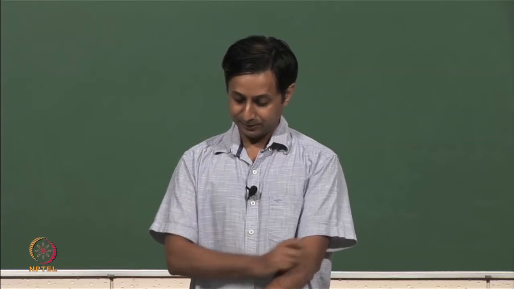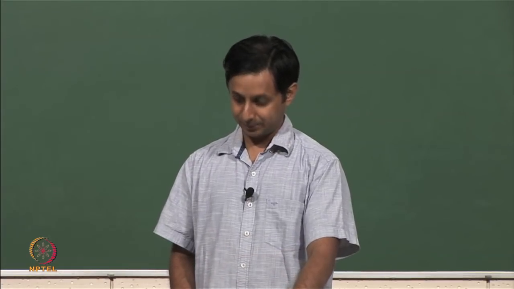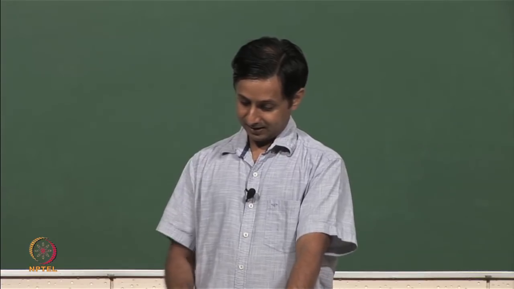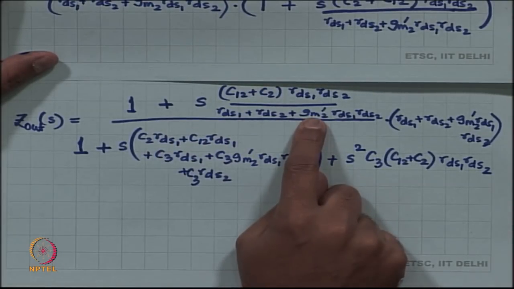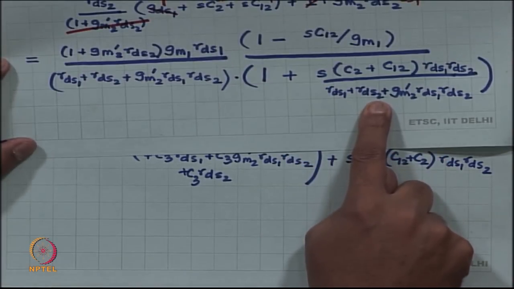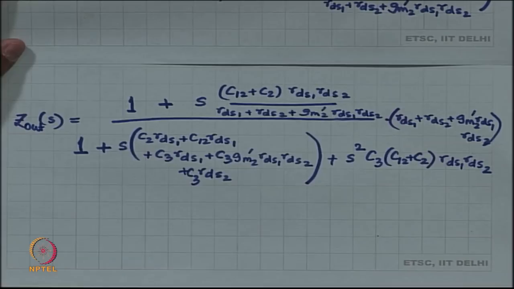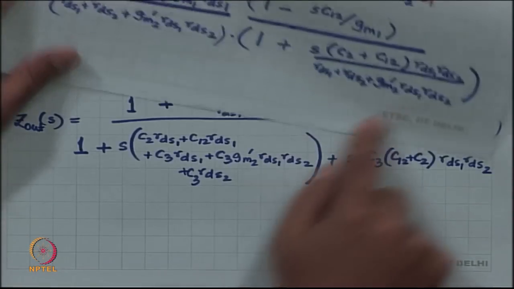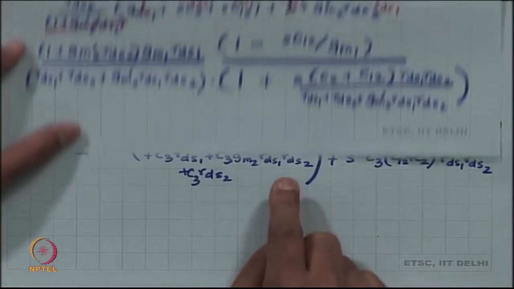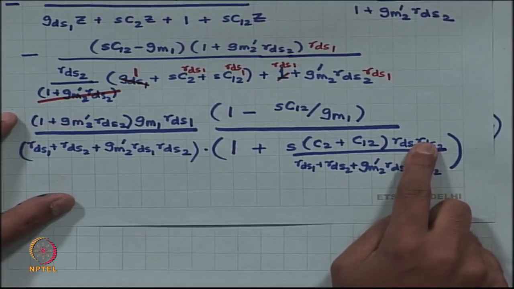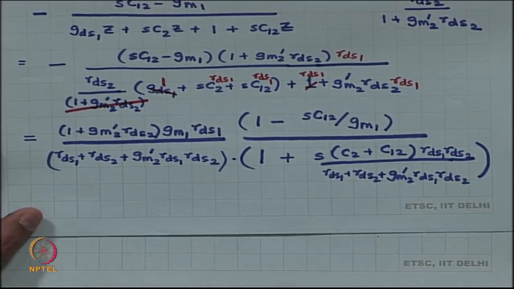The output impedance, the surprise, has the same pole, has the same 0 as this pole. Okay. They cleanly cancel out.